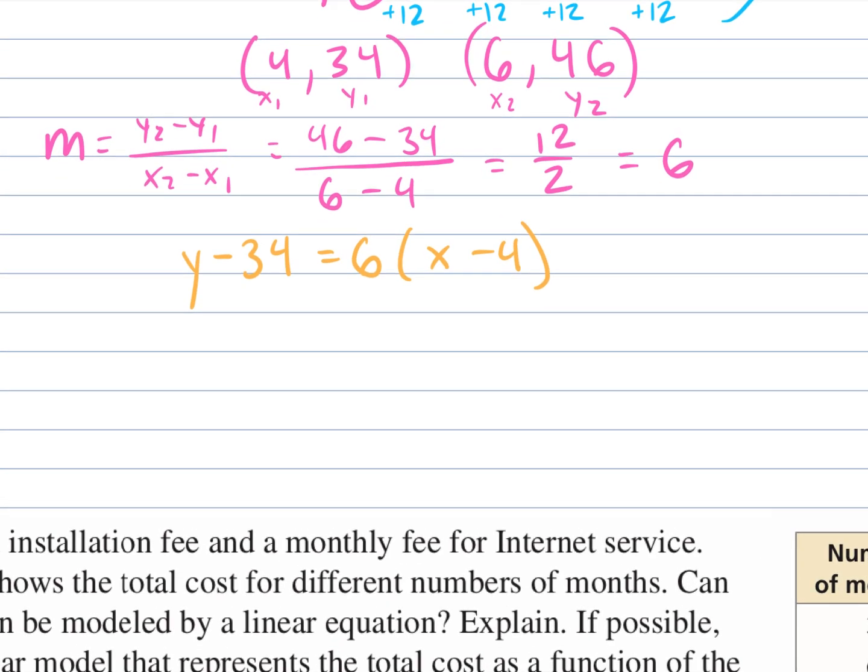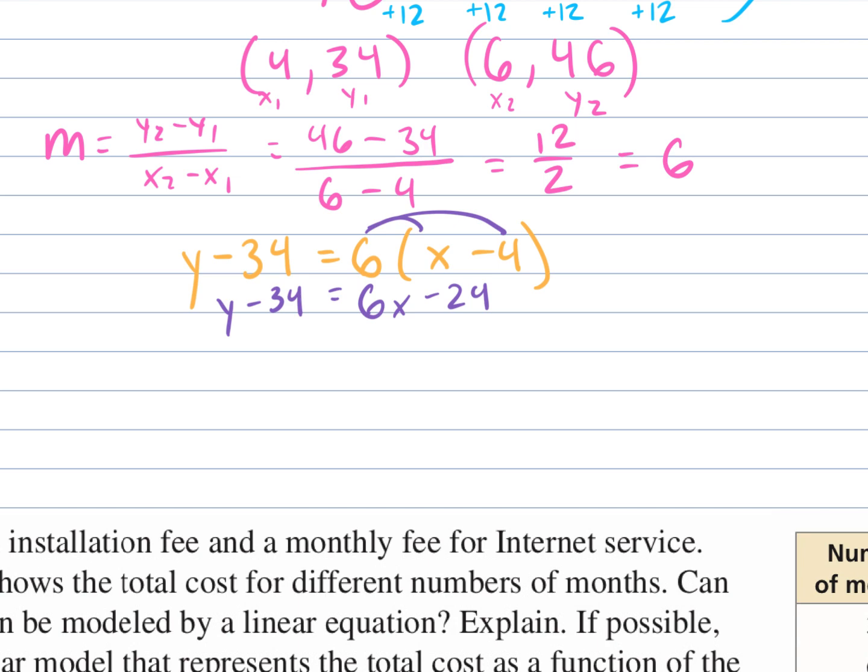Now, how would we put this in slope-intercept form? Distribute the 6. So it'd be 6x. What is 6 times negative 4? Negative 24. So y minus 34 is equal to 6x minus 24. So I distributed. What would I need to do next?